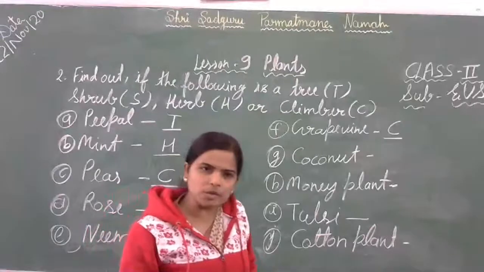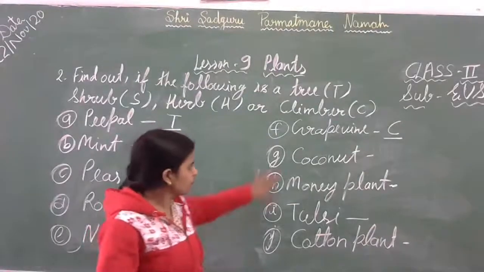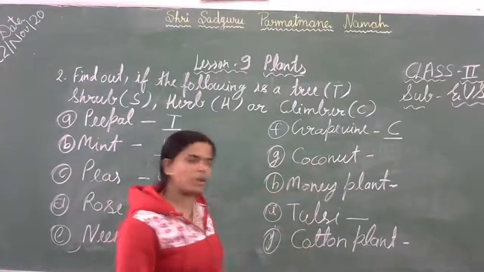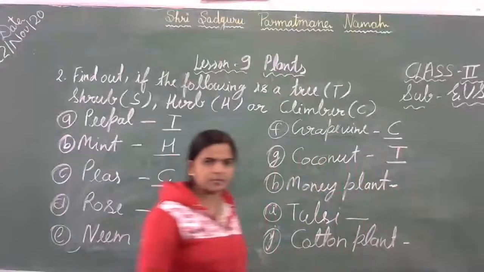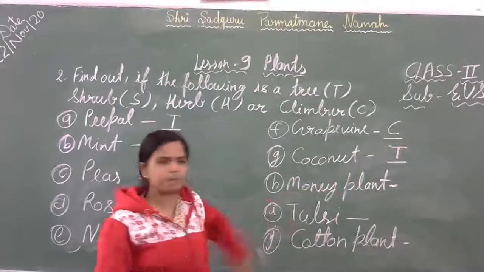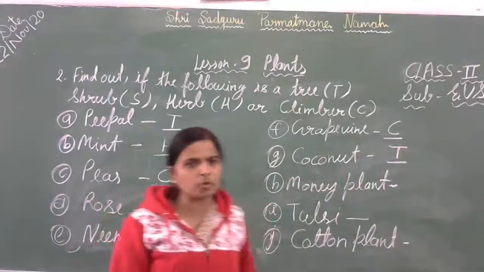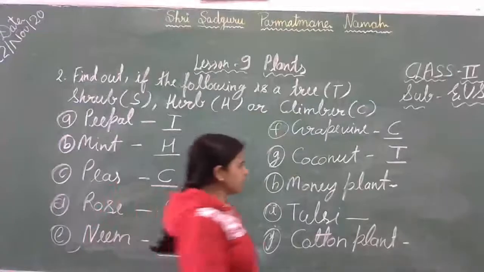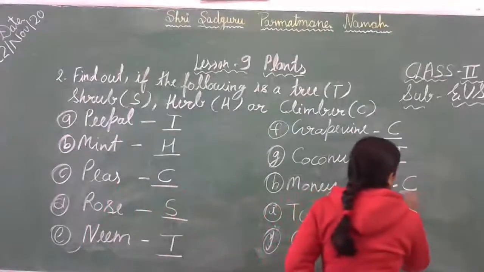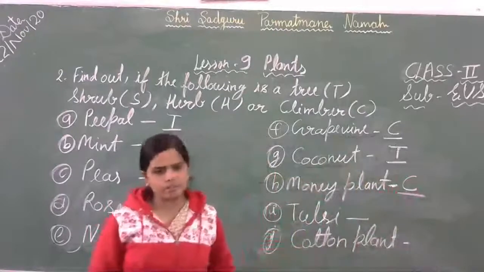Next is coconut. Coconut is also a big plant, called a tree. So coconut is an example of tree. We write here T. Next is money plant. Money plant also needs support to grow. So this is an example of climber. We write here C. Next is Tulsi.